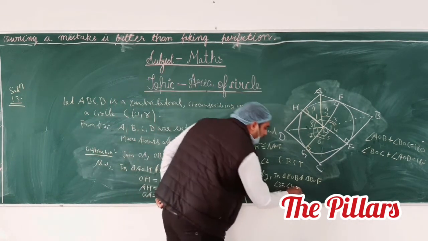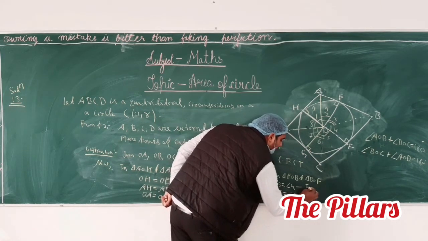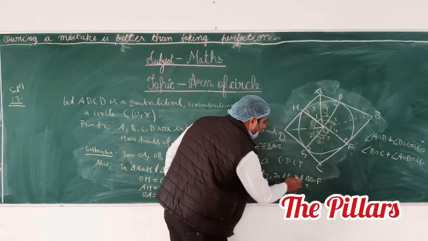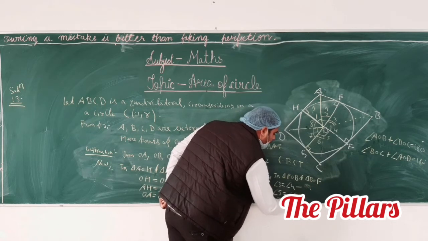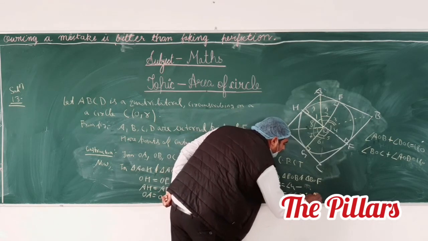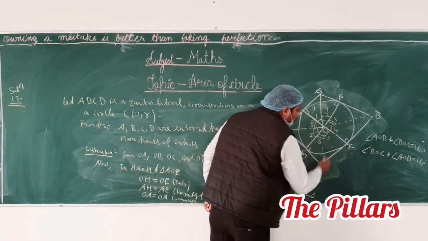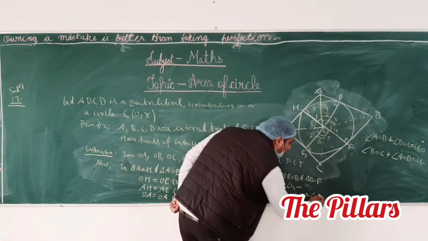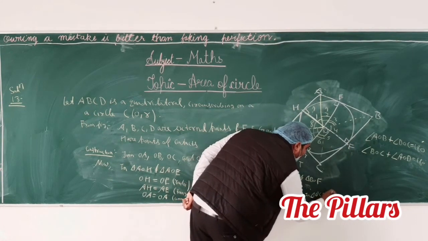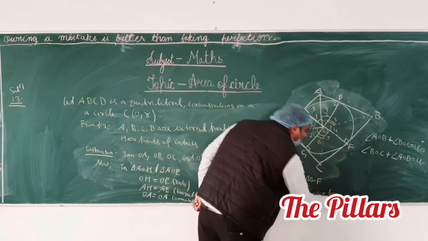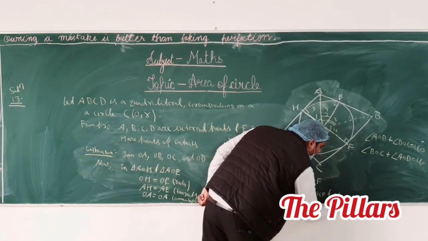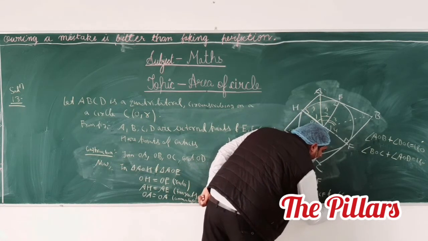Here you have to mention in brackets: in triangles EOB and BOF, and here in triangle OCF and triangle OCG. Anyone have any problem?